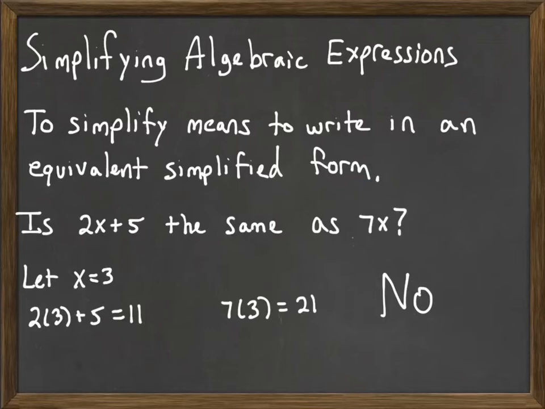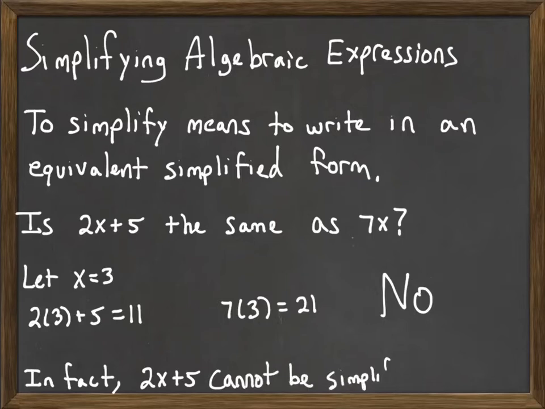They're not the same. In fact, we can't simplify 2x plus 5 any further. It cannot be simplified any further. The main reason is that in 2x, the 2 and the x are being multiplied. Now remember, with order of operations, we'd have to work that out to get an answer before we can add the 5.